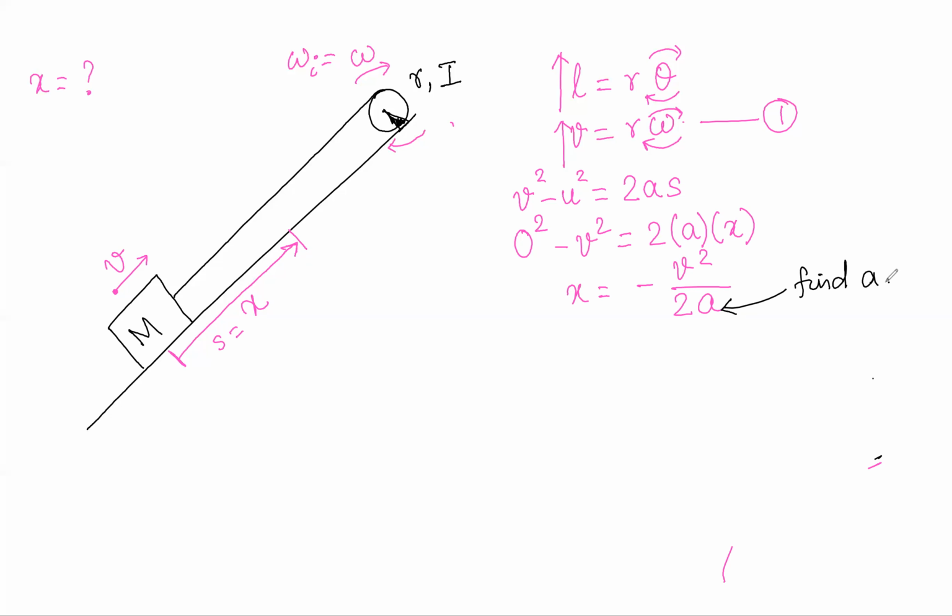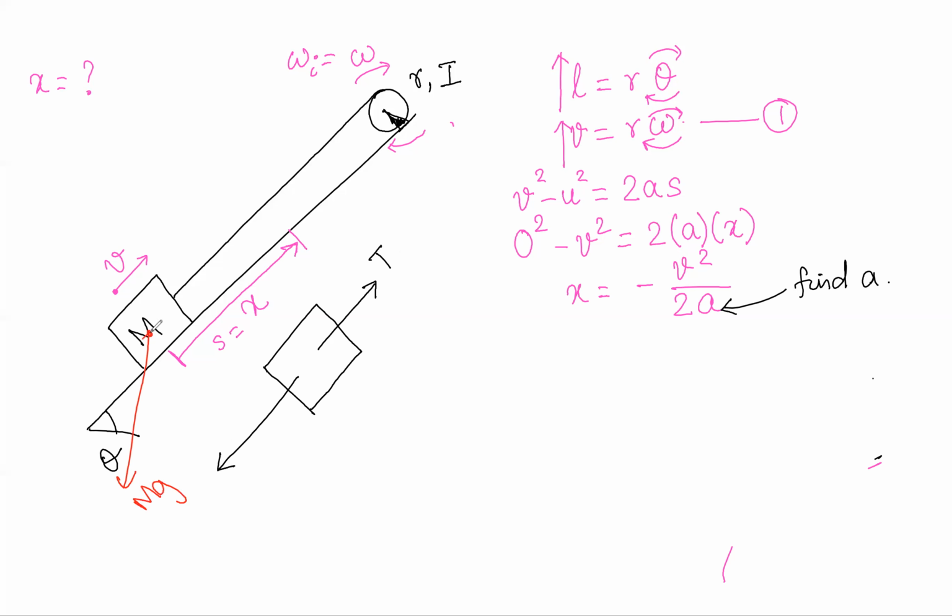How do you find out acceleration? Now this block is going to move in the upward direction. So let us draw all the forces on the block. The forces on the block are T in the upward direction. Let us say this angle is equal to theta. The weight acting on the block is equal to mg.